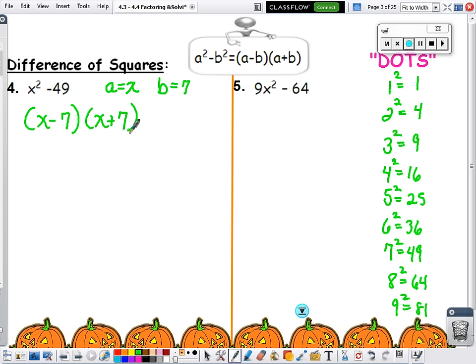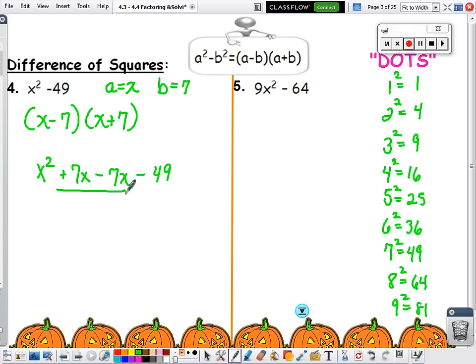You can check yourself by foiling this problem back out with your first terms, your outer, inner, and last. Notice the middle terms, when you combine like terms, cancel.